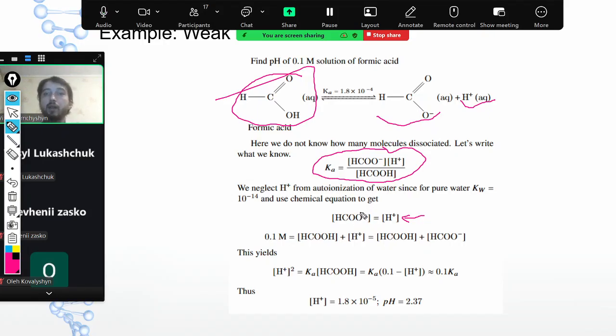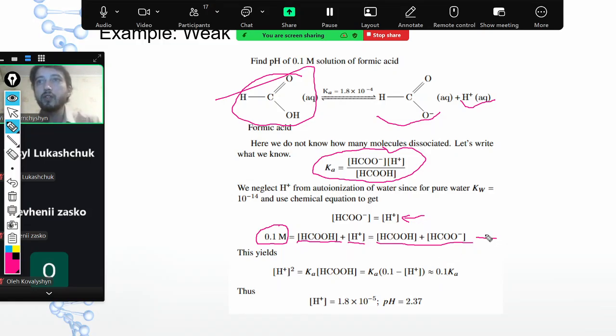And we can write the equation that the number of moles of the undissociated acid, so whatever is not dissociated, plus number of moles of H plus, the same equation you can use with the anion, should be equal to the initial concentration that we had.